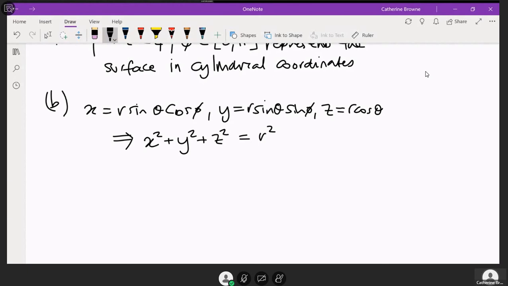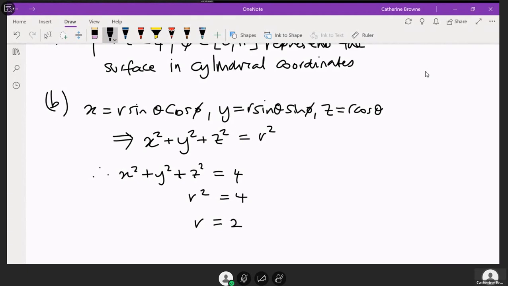So therefore, to write it in cylindrical coordinates, it's pretty easy. We just have x squared plus y squared plus z squared is equal to 4. Then we just get r squared is equal to 4, or r just is equal to 2.